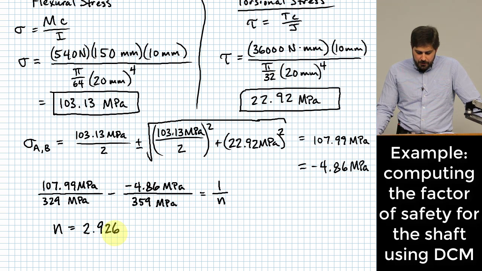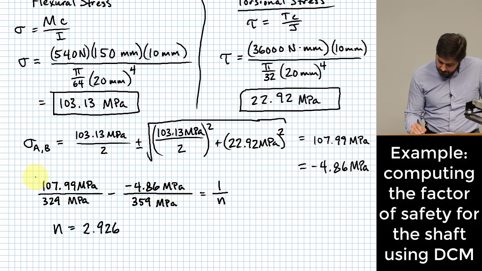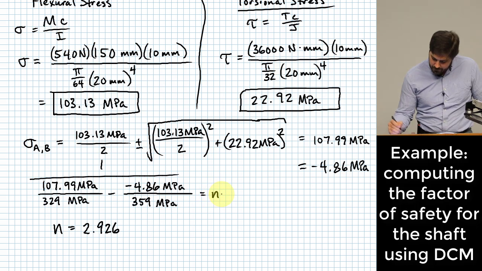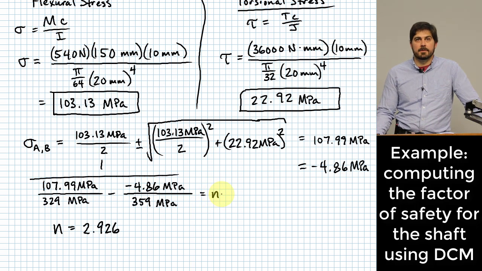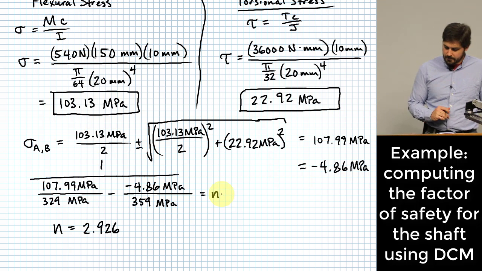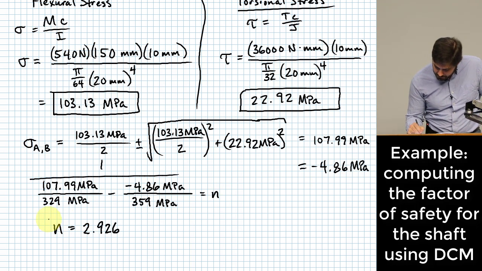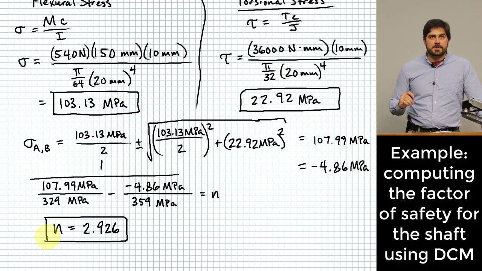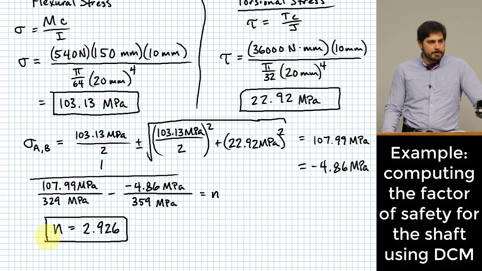Well, you'd have to do 1 over all of this equal n, right? All right, so there is my factor of safety using the Ductile Coulomb Mohr criteria.